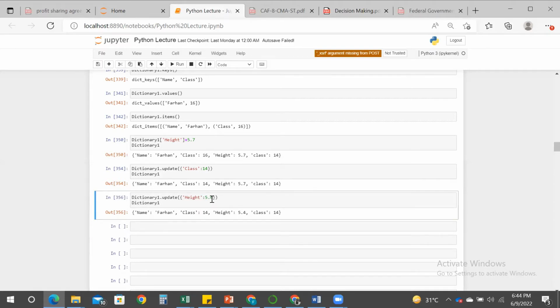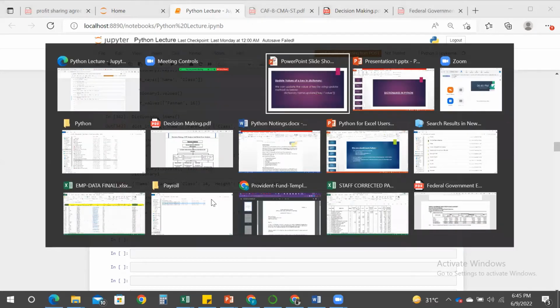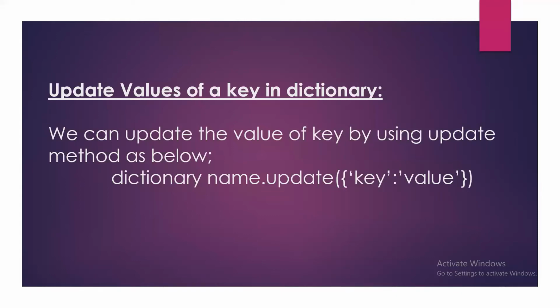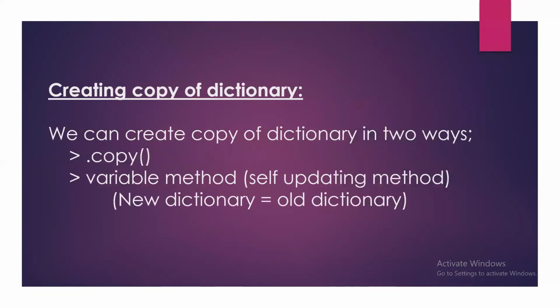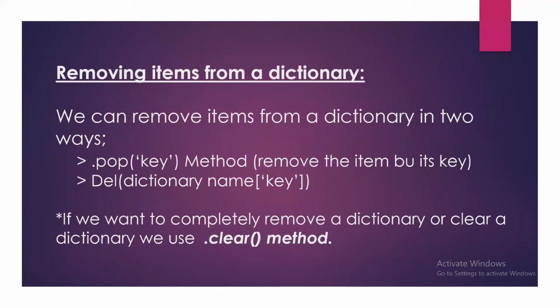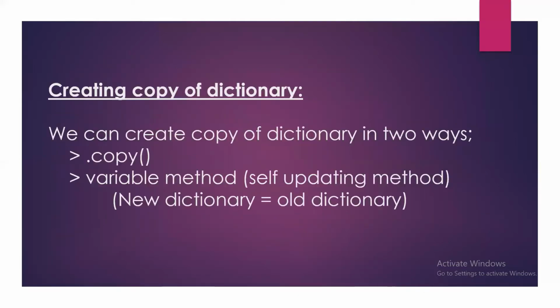We can also create copies of a dictionary by using the copy function. To create a copy of a dictionary, we use the copy function after the name of the dictionary. So there are basically two methods.